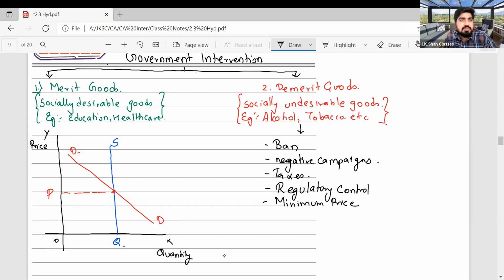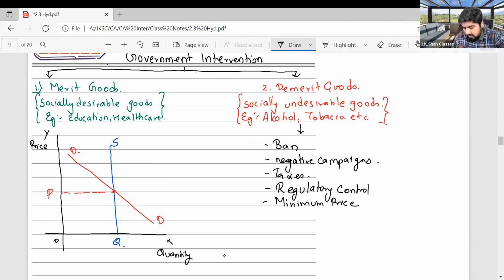Now, how is the minimum price determined? So government would say, I will fix a minimum price below which you cannot sell tobacco or alcohol. How it is determined, sir, that we will have to see in a diagram. So last diagram and last topic for the day. Okay. So let's begin. I'm taking a new page, friends.